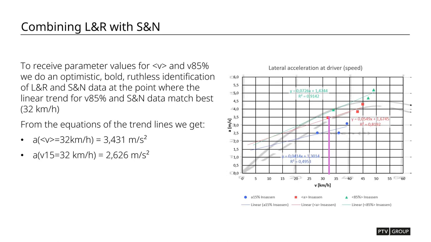Why? Because we want the Schimmelpfennig-Nackenhorst function, as we assume this is the function which describes drivers who do not have a speed limit in mind.